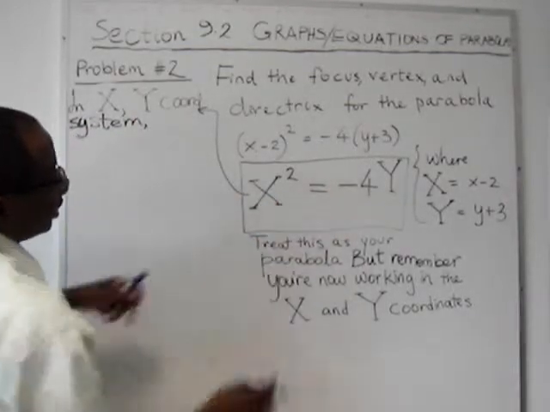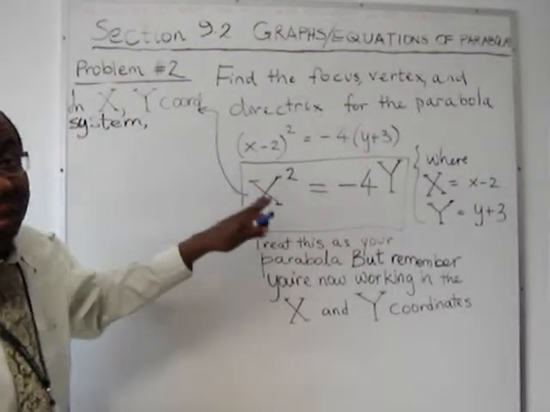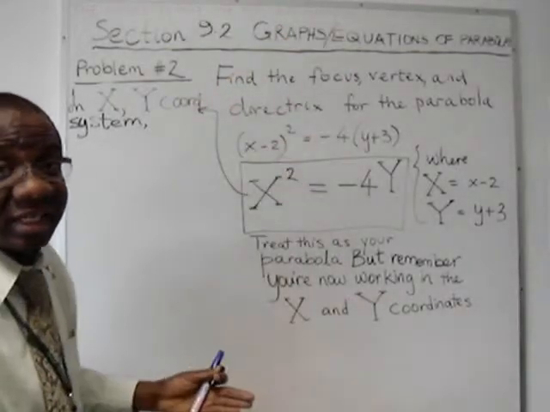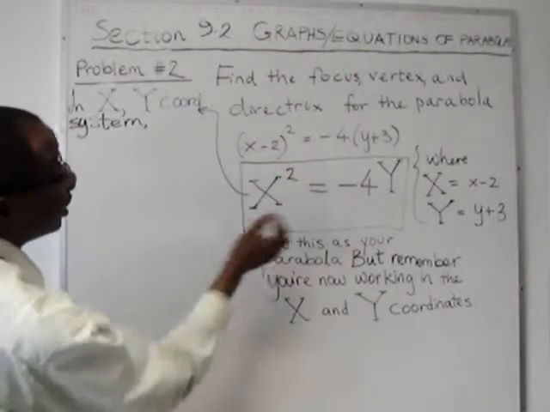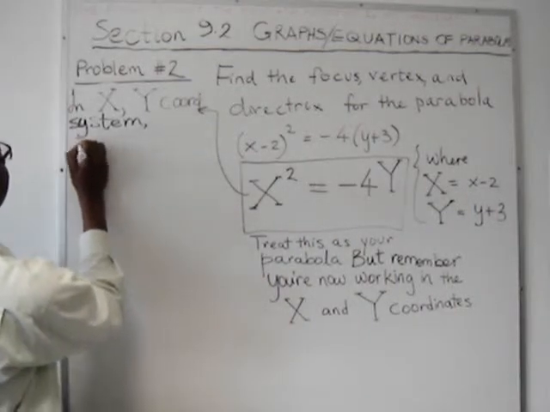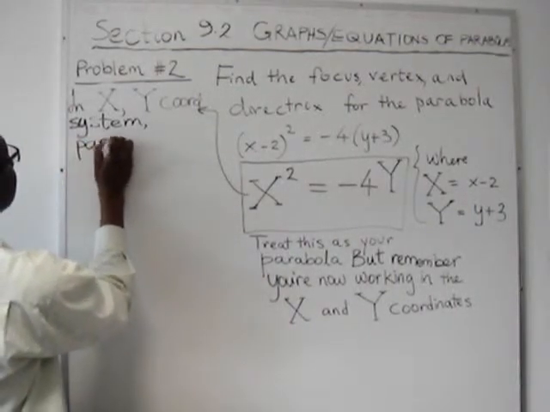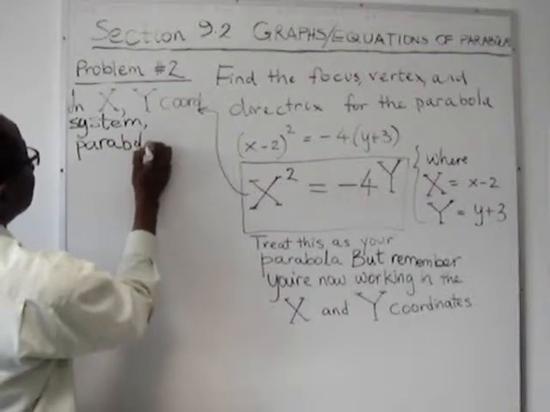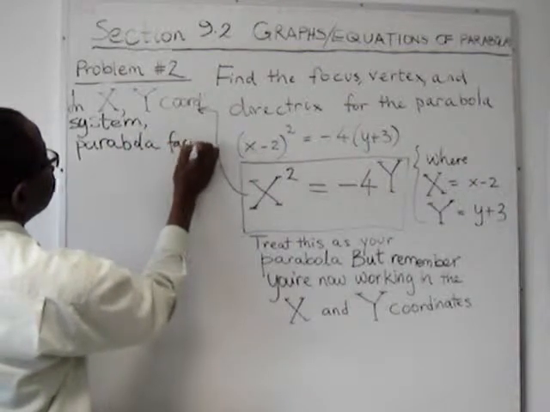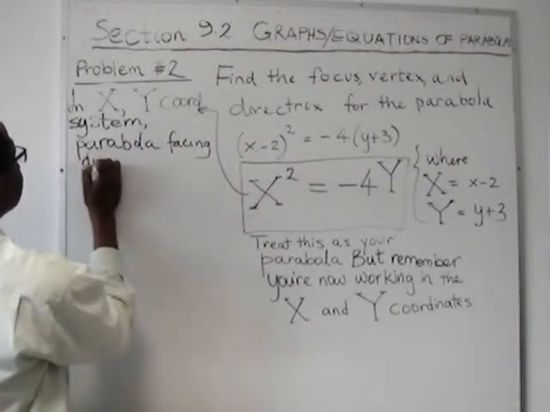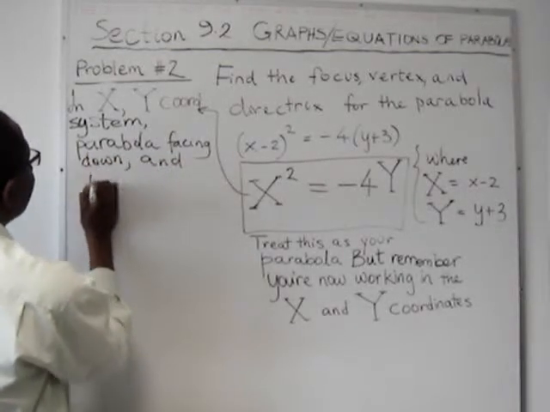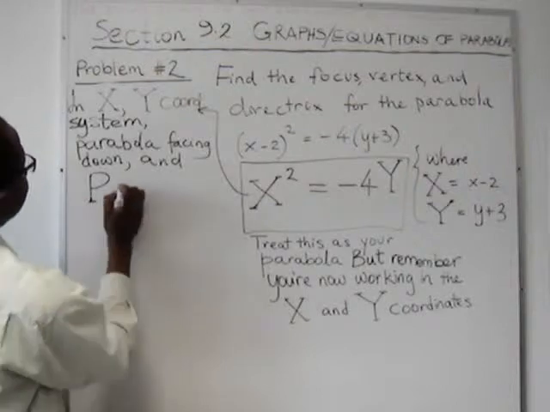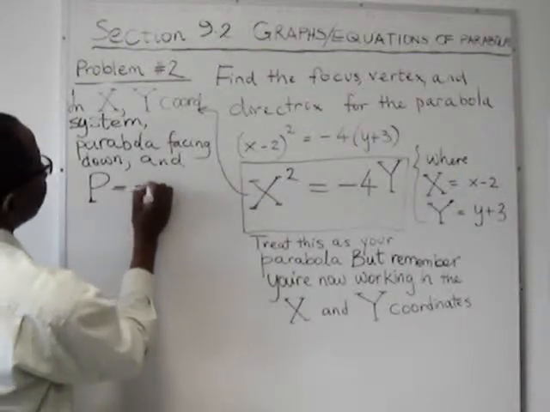we can see that this is a parabola that is going to be facing down. We know that now, and P, we're going to use big P also, equals -1.